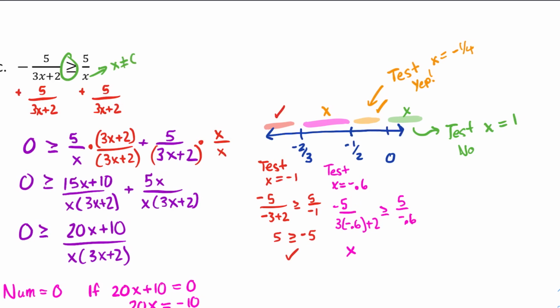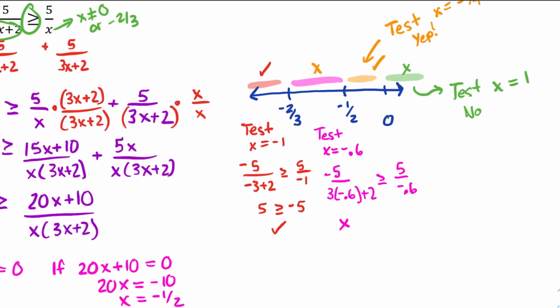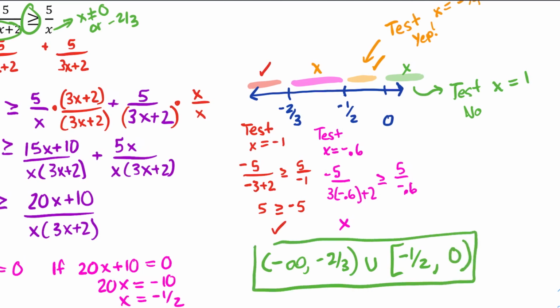This is a greater than or equal to, but again, you can't include any values that make your denominator equal to 0. So I can't include 0 or -2/3. So I'll go ahead and use a parentheses on my -2/3. And then the numbers from -1/2 to 0 worked, parentheses on 0.